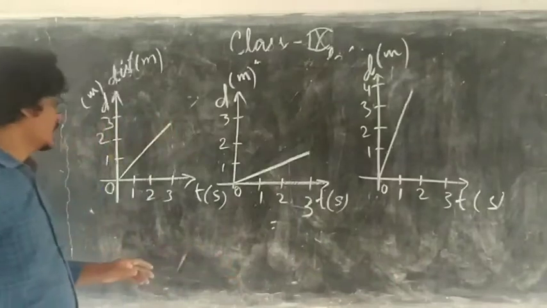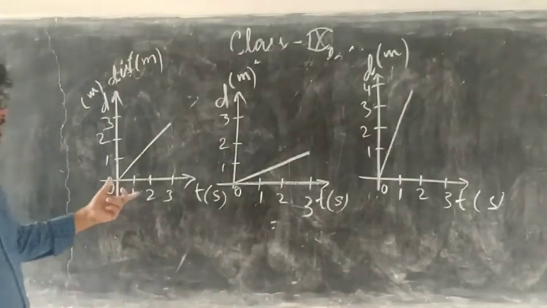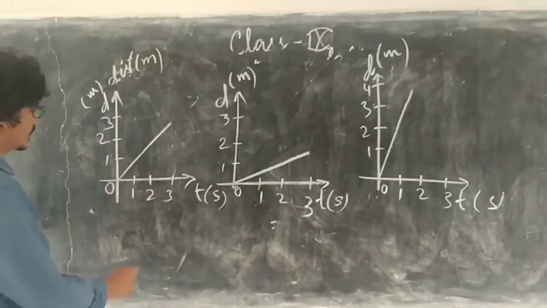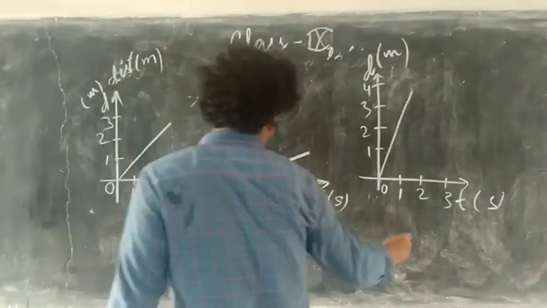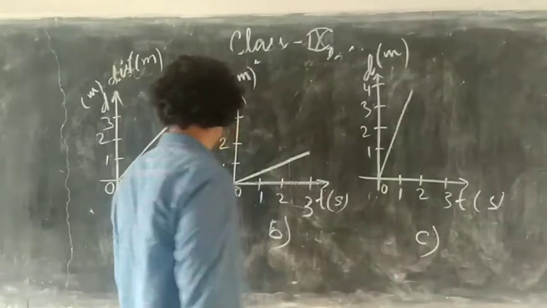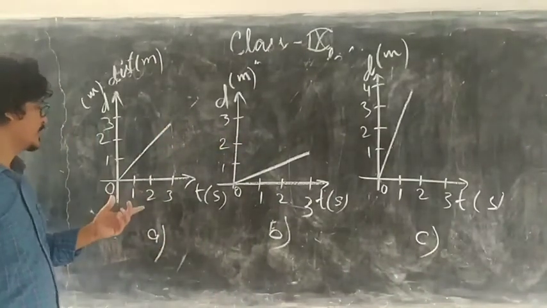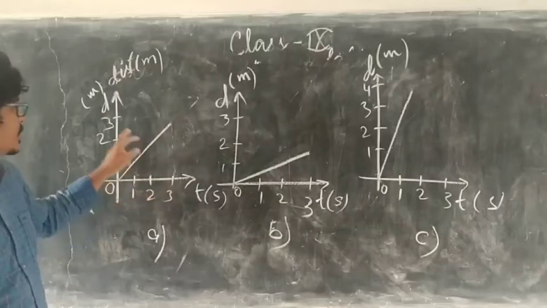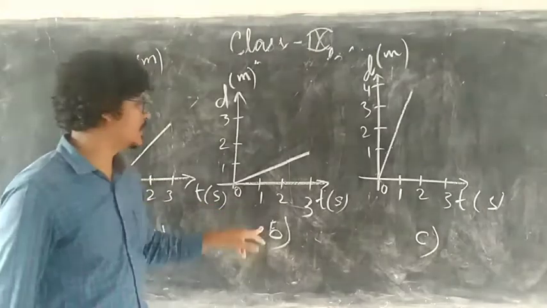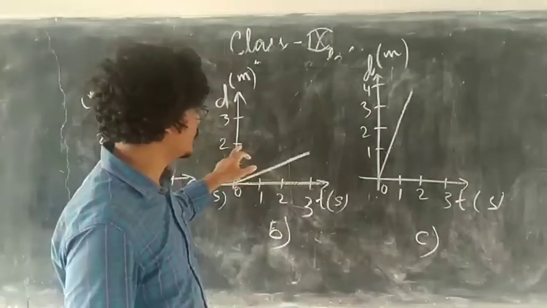Now from the graph you can see clearly that, let us name them, this is graph A, graph B and graph C. Graph A, in 3 seconds, is covering 3 meters. In graph B, in 3 seconds, it is covering around 2 meters.